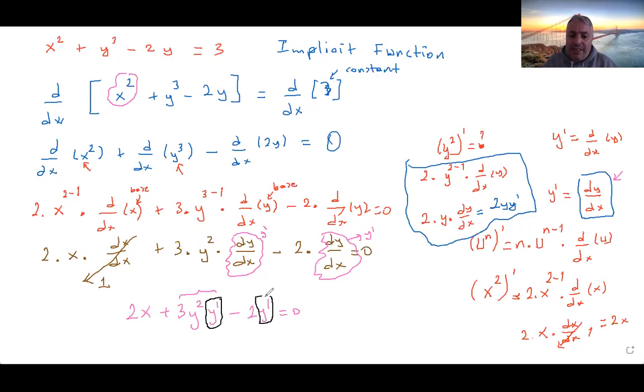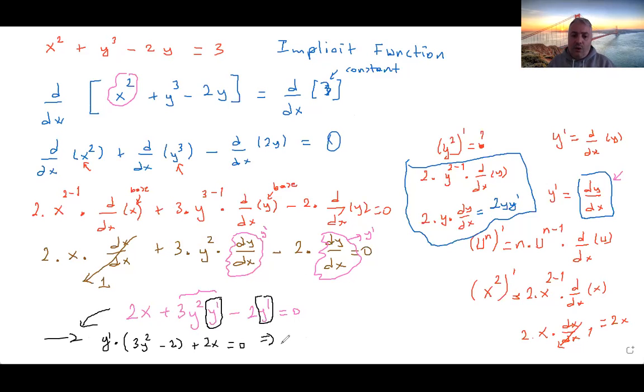Like a factorization, can I take y prime common in parentheses? Yes. How? y prime times 3y squared minus 2, plus 2x is equal to 0. Check this one, please. Do you have any question or not? No, it's okay.